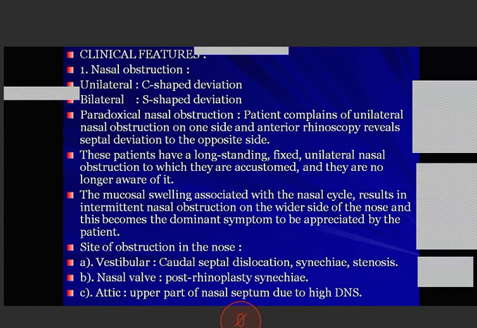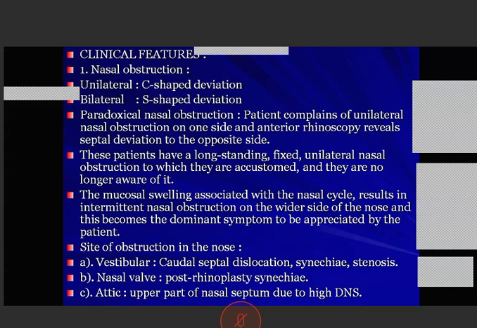That area corresponds to the anterior part of the inferior turbinate laterally, medially the septum, and above the limen nasi. Limen nasi is between the upper and lower lateral nasal cartilages. So here, if there is an obstruction, that is a nasal valve area. So medially the septum, laterally the anterior end of the inferior turbinate, and superiorly the limen nasi.